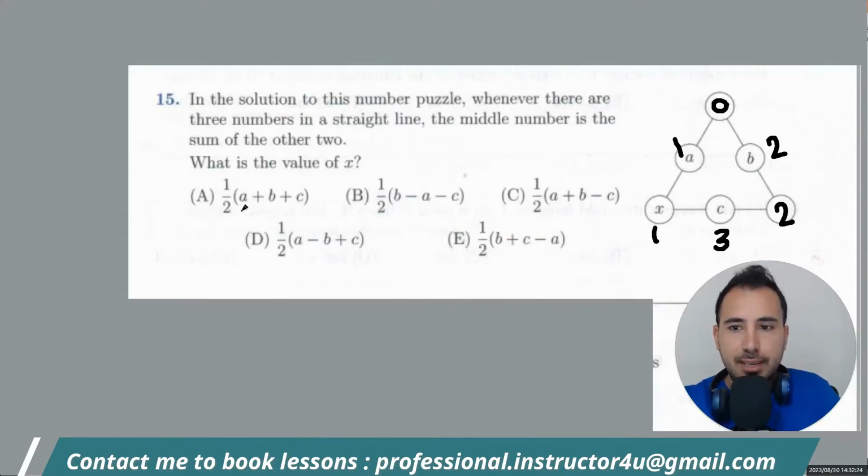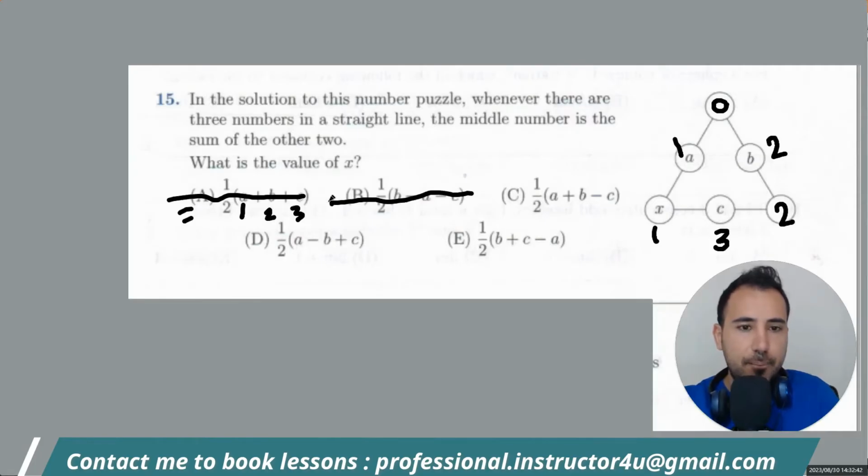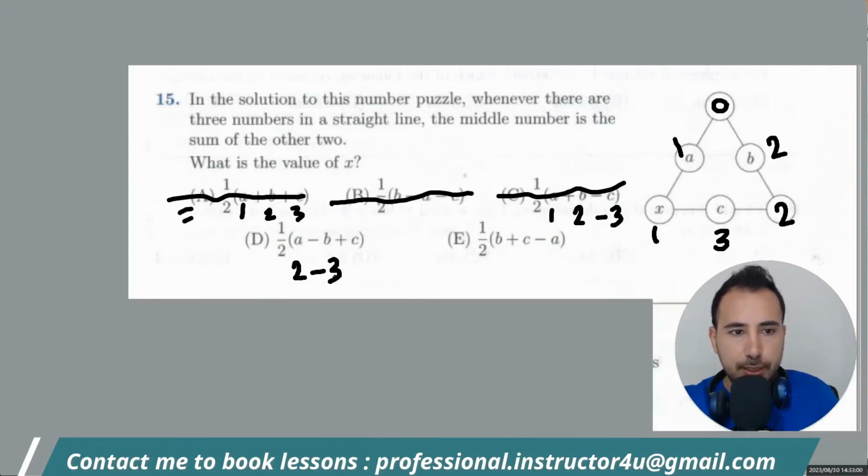So if A is 1, plus B is 2, plus 3, 1 plus 2 plus 3 is 6, divided by 2 will be 3, but we know X is 1, so A, goodbye. B is 2 minus D will be negative, goodbye. Now this one, A is 1, B is 2, minus 3 will be 0. So C will be 0, but we know X is supposed to be 1. Bye-bye. D: wait, I got confused.